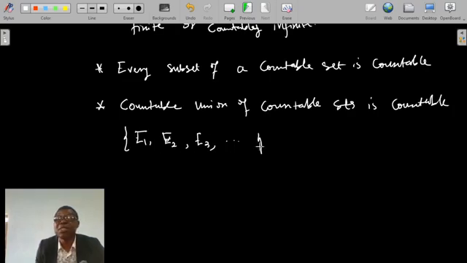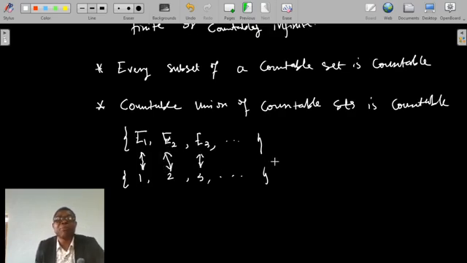This collection is denumerable in the sense that if I have the set of natural numbers 1, 2, 3, and so on, then we can establish a one-to-one correspondence between the set of natural numbers and this family of sets, in the sense that we have a function f that maps 1 to E1, and so on and so forth.